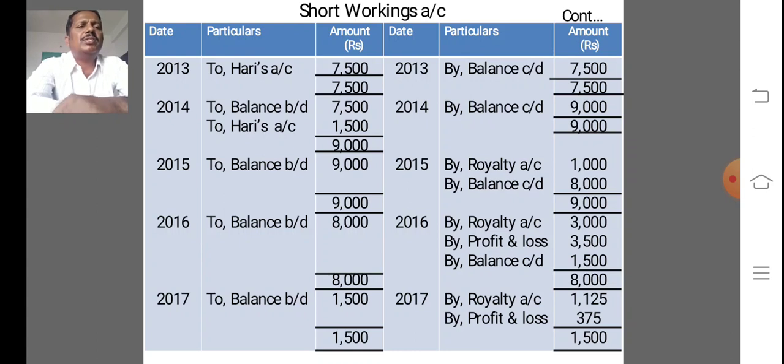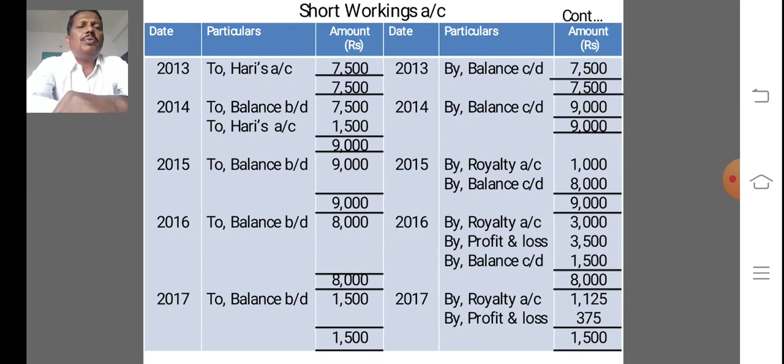That surplus is utilized for writing off, in the name of royalty by 3,000, and out of 8,000 only 3,000 is recovered, and the remaining 3,500 is not recovered because time is over. So that's why we transfer it to P&L account, and the remaining balance is only 1,500. That 1,500 is also brought down to the beginning of 2017.